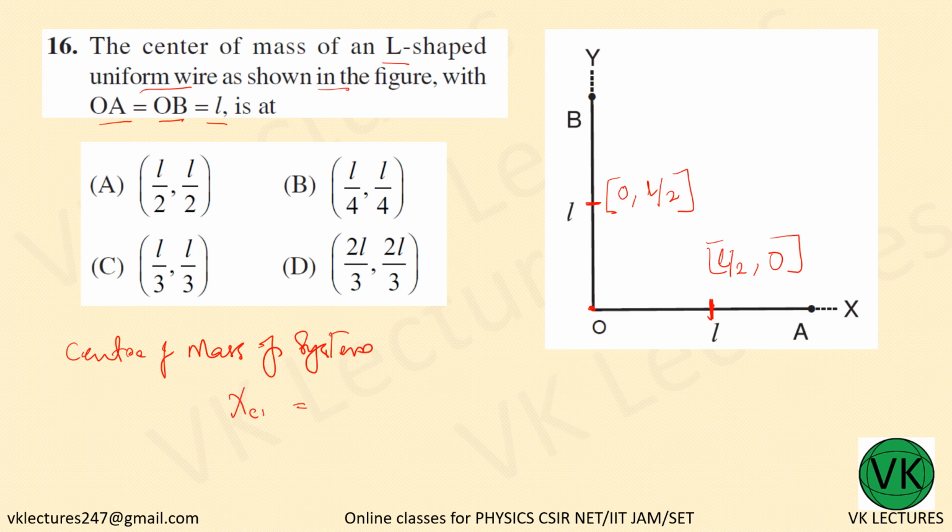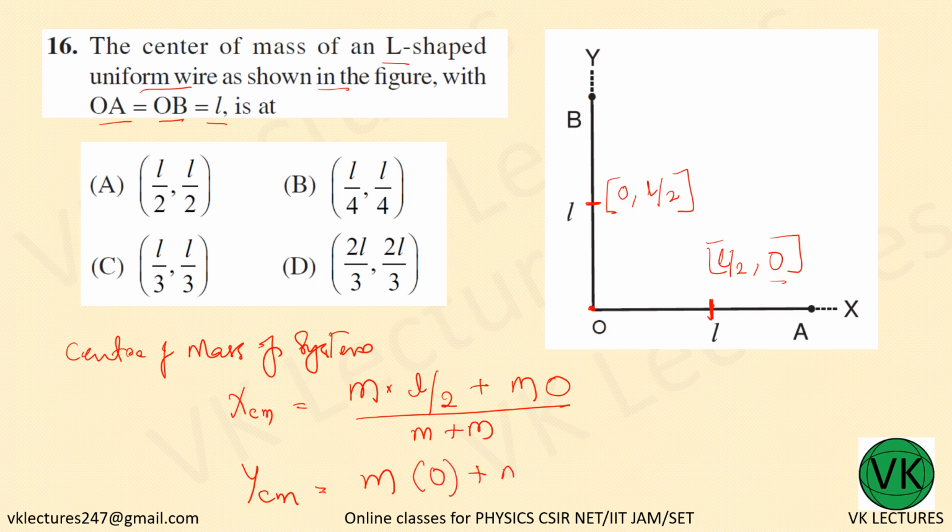X center of mass is equal to mass into L by 2 plus another mass into 0, divided by m plus m. This is the x coordinate, and similarly you can write the y coordinate: mass into 0 plus m into L by 2, divided by m plus m.